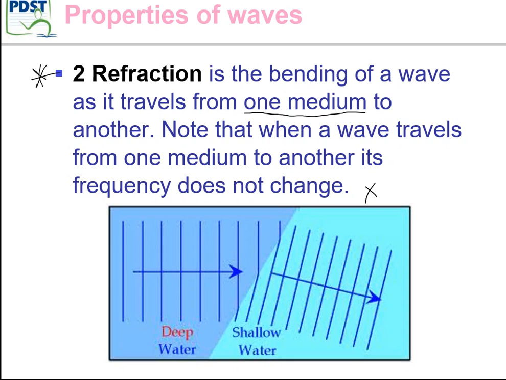A wave can travel from air medium to water medium, or can travel from vacuum, which is not a medium at all, to air. And at the interface between vacuum and air, the wave is going to bend.